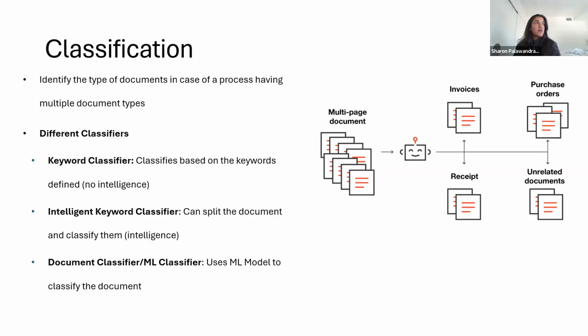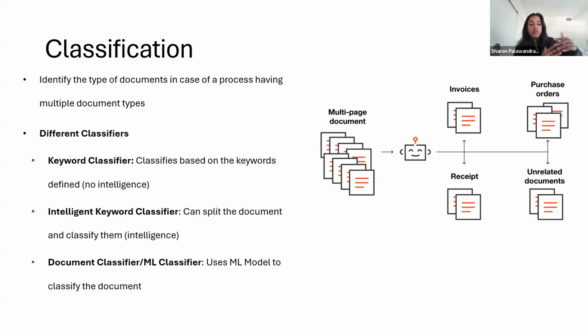And then classification. We talked about the classifiers, the intelligent keyword classifier. Essentially, it classifies based on uniquely identifiable keywords within a document. Now, a little bit on the document classifier and ML classifier. I would use these for really complex classification issues.